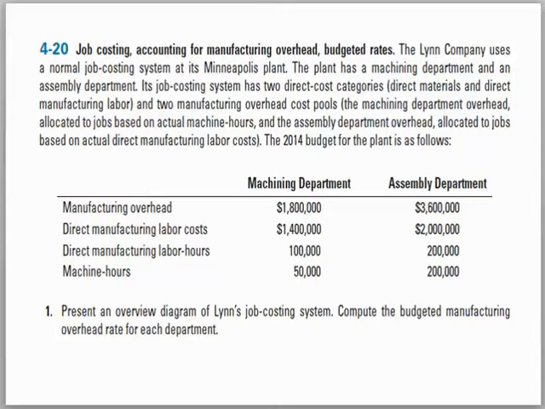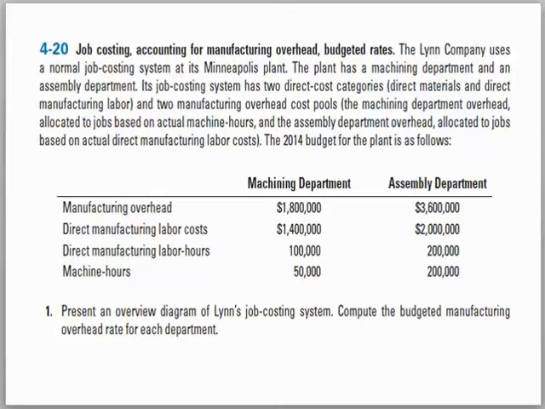Machine hours 50,000 for the machining department and 200,000 for the assembly department. First, he wants to compute the budgeted manufacturing overhead rate for each department.